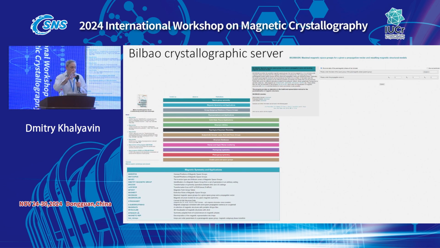And if you look at this diagram, it's very general. We can find that the paramagnetic phase usually has common boundaries with magnetic phases which correspond to maximal isotropy subgroups. And usually a paramagnetic phase doesn't have common boundaries with magnetic phases which do not correspond to the maximum subgroups.